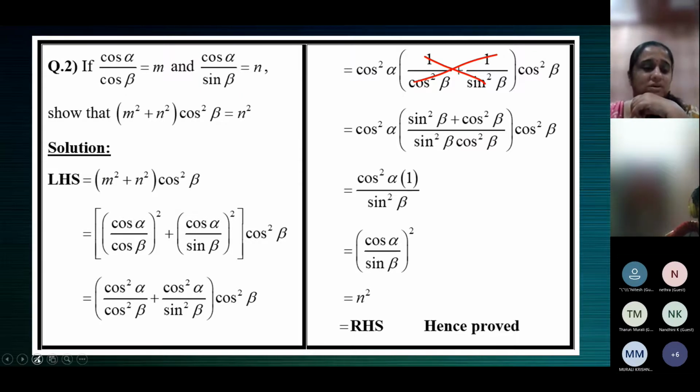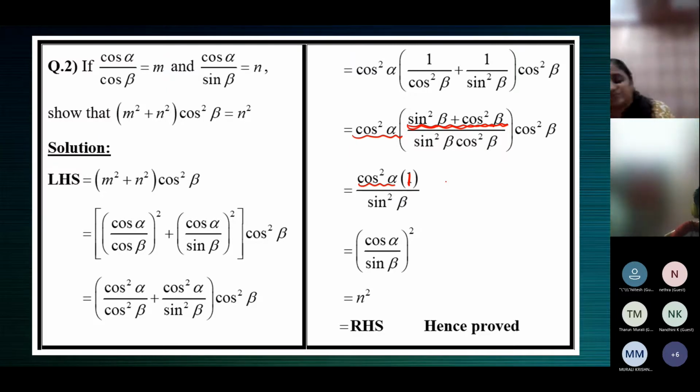What's the next step? Identity. Sin square theta plus cos square theta. Yeah, very good. So sin square beta plus cos square beta is 1. So we write this cos square alpha as it is, and this one is 1.